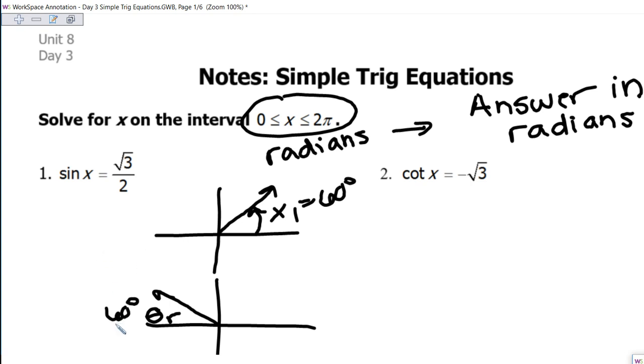But when I'm trying to find this angle, it's actually going to be from the initial side on the positive x-axis to the terminal side. And I know that this is 0 degrees, this is pi, or 180 degrees, so how would I find the missing angle?